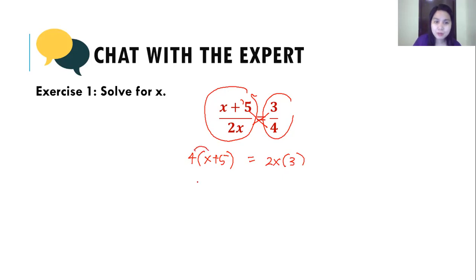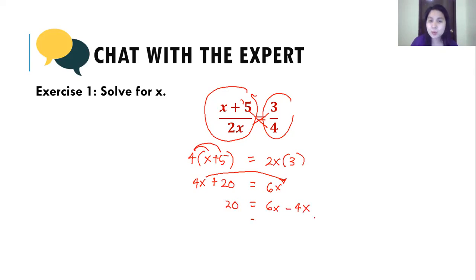We have 4x, 4 times 5 is 20. The other side is 6x. We combine like terms. We do transposition. We have 6x minus 4x equals 20. So moving on the right-hand side, 6x minus 4x is 2x equals 20. We divide both sides by 2. So our x is equal to 10.